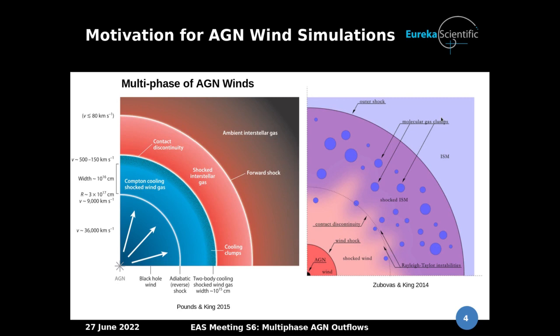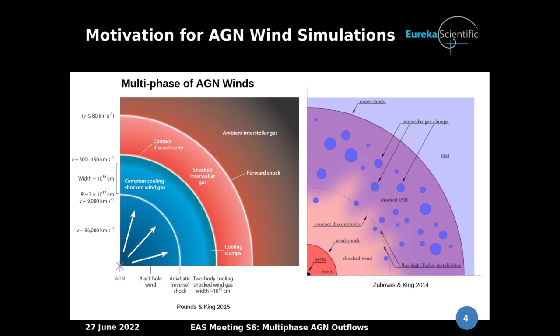Based on this correlation, we arrive at a schematic view of shocked wind. You see different regions: adiabatic, shocked wind, two-body cooling layer, and also shock fronts, and the formation of a hot bubble.